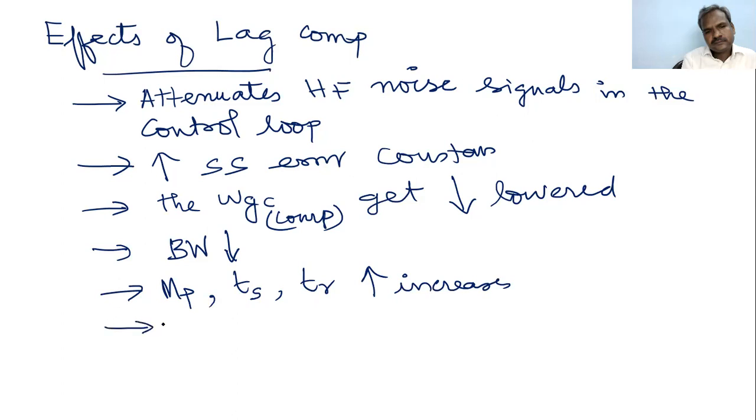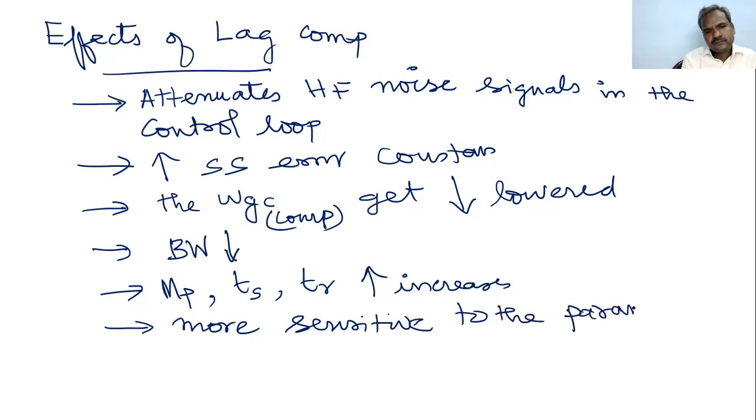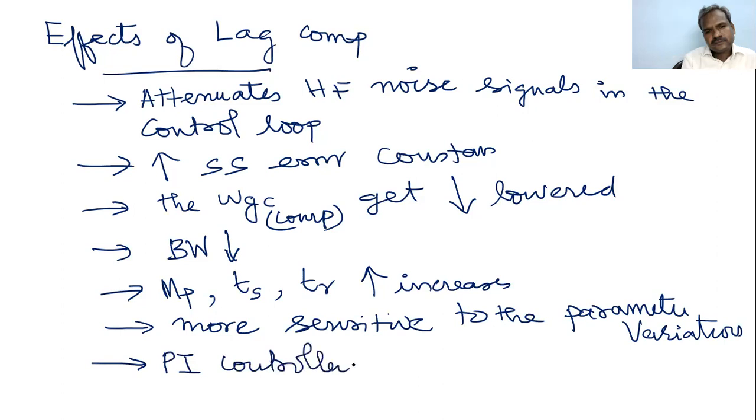The system is more sensitive to parameter variations. Since the lag compensator acts like a PI controller, it makes the system less stable.